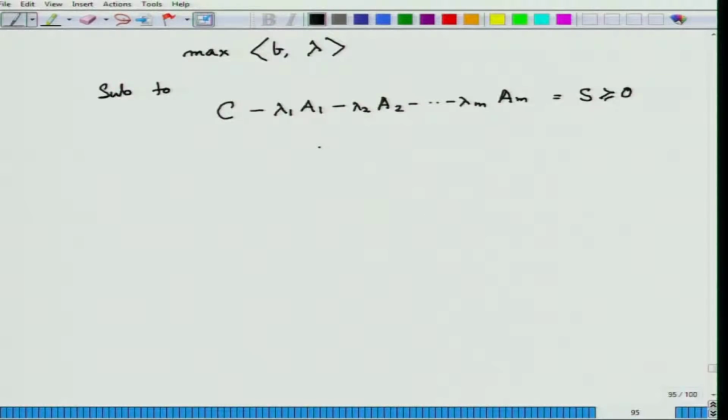Okay. So, my dual problem in the dual variable, I can also write as follows. As per linear programming, this is what happens.